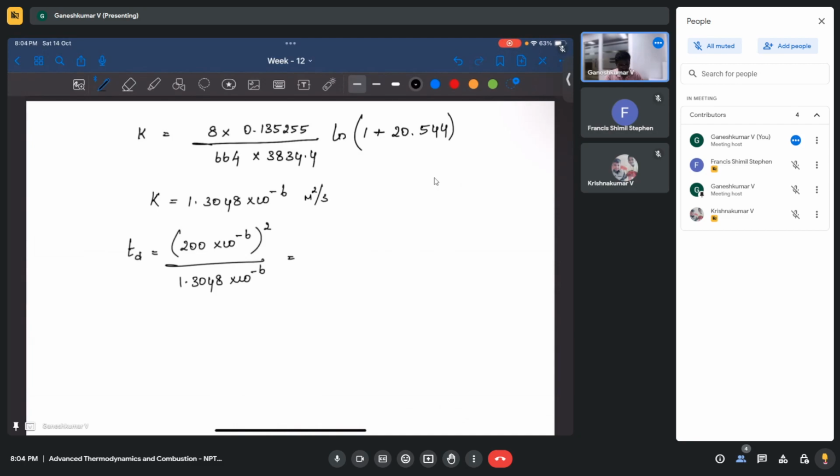So now we have the droplet lifetime to be 0.0306 seconds.